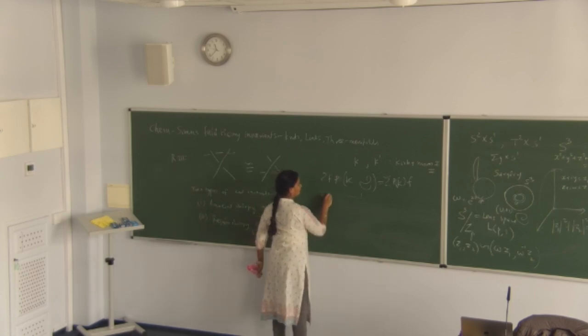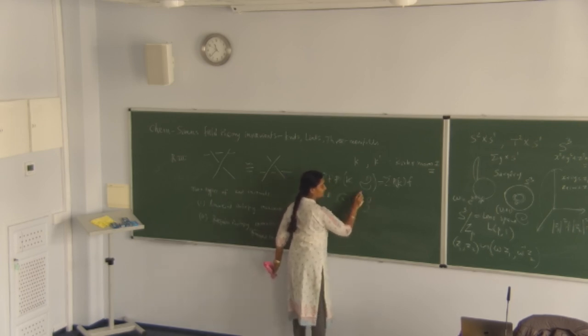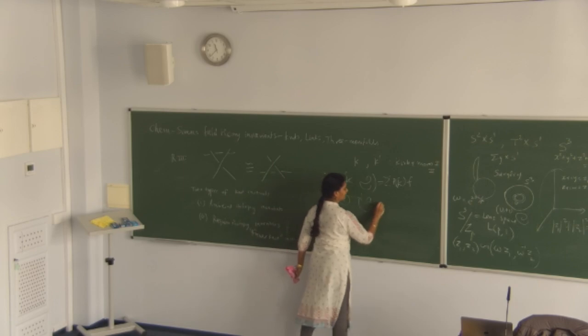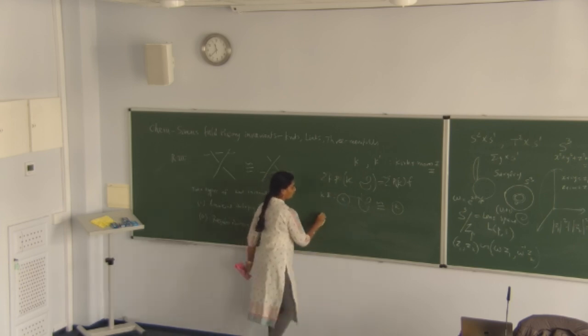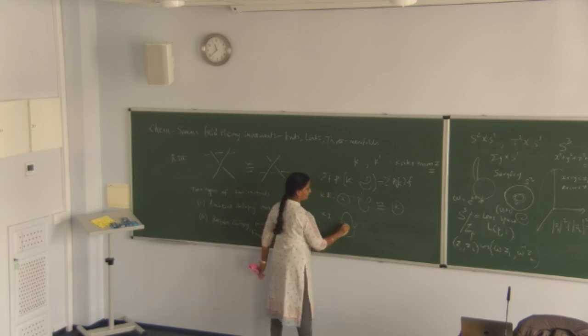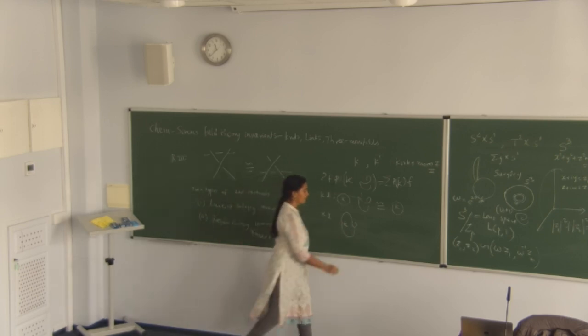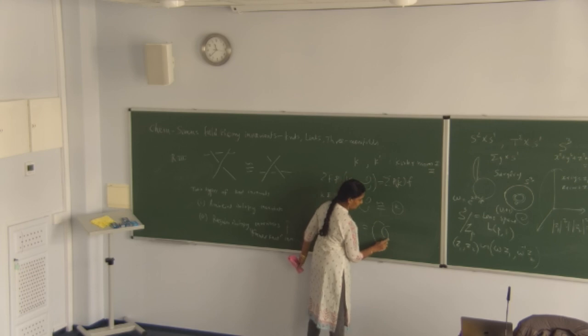Kirby move 2 is, as I said, some knot K, and you add an additional twist, which is equivalent to the knot K. Kirby move 1, if you had some additional twists here, this will be the same as drawing a Hopf link with the opposite twist, is my memory.